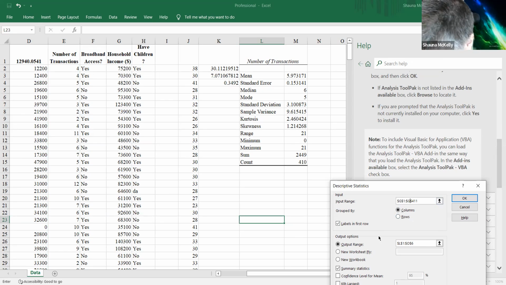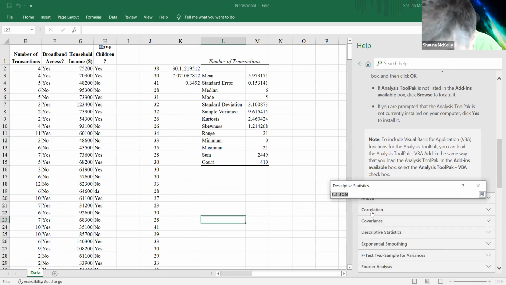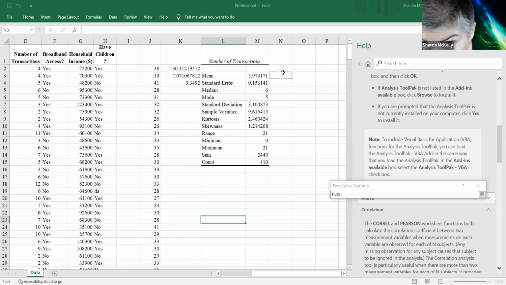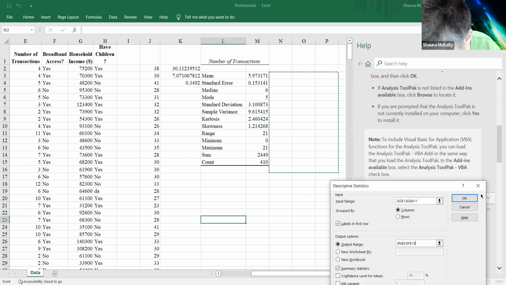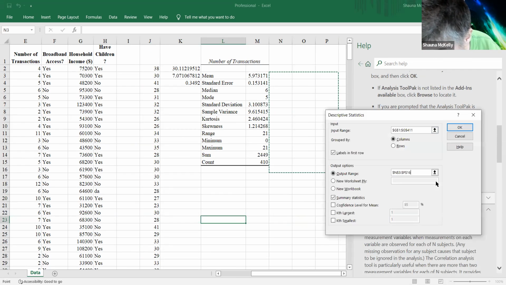I'm going to pick a different output range, L1. So I'm going to pick this range here, for example. And then I'm going to say okay, this is going to be my summary statistics for that.